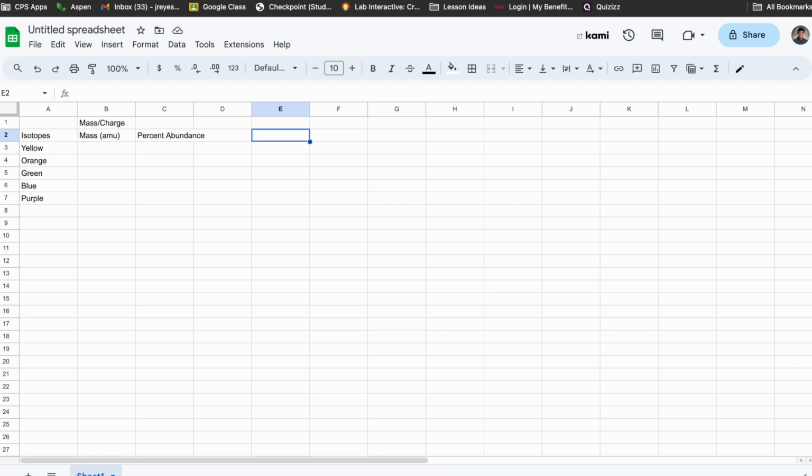So if you'll remember, a percentage is a part over a whole, right? The part divided by the whole. And so the part is going to be the single isotope. And we're going to divide that by all the isotopes of that atom, which we do by adding.